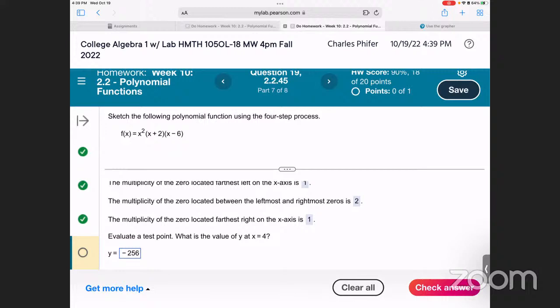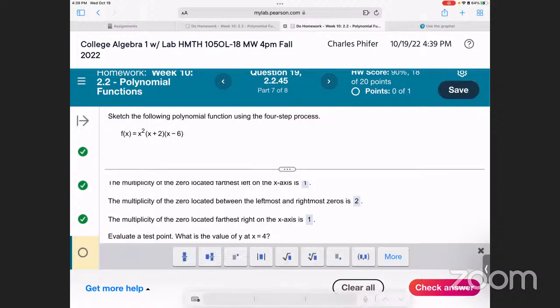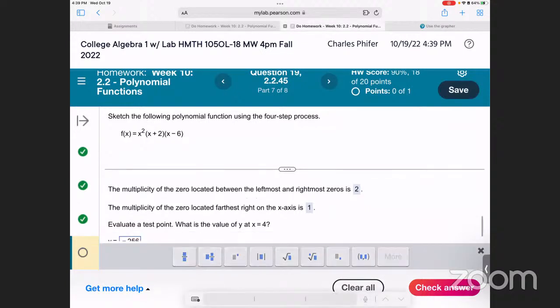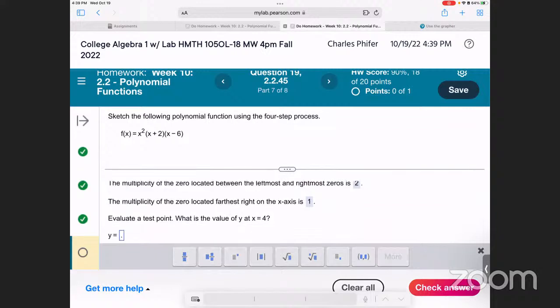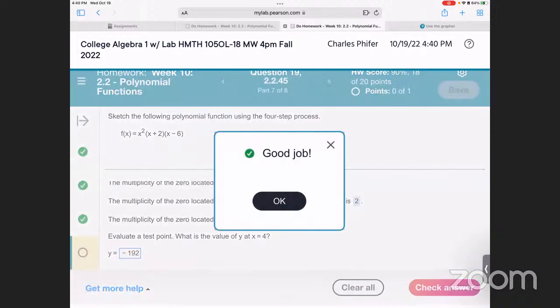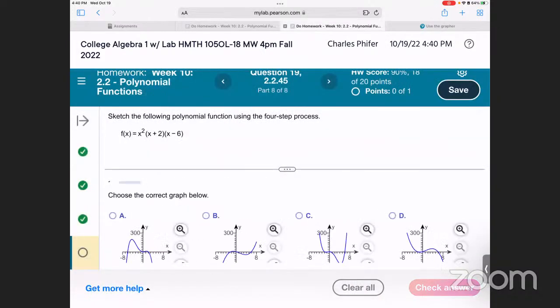That's 6 times 2 is -12. 16 times -12 is -192. Okay, let's go with that one.